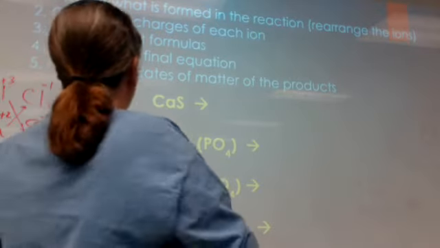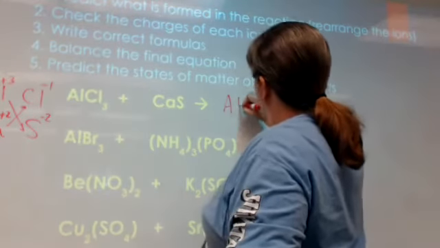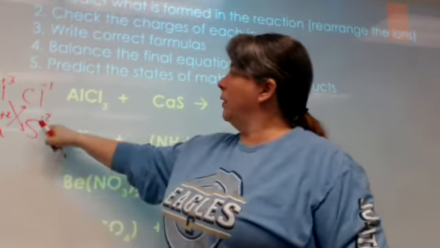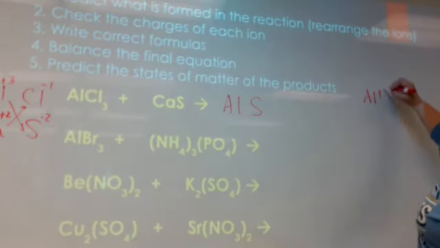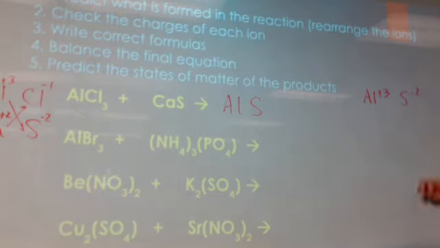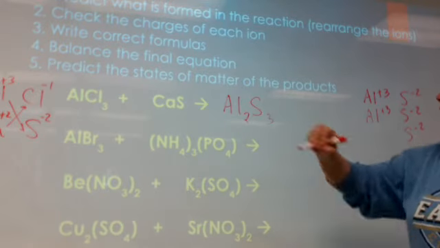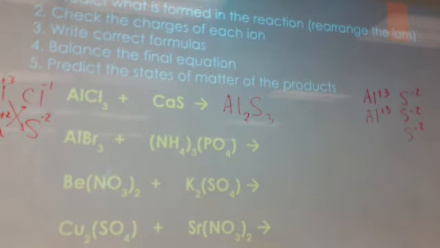So because we know aluminum is pairing with sulfur, we now use these charges to figure out the subscripts. So Al plus 3, S minus 2. We're going to get to 6. So it's going to take 2 aluminum ions and 3 sulfur ions for that ionic compound to be stable.